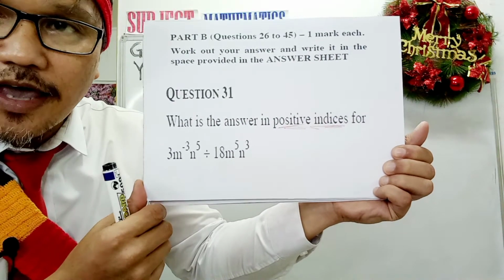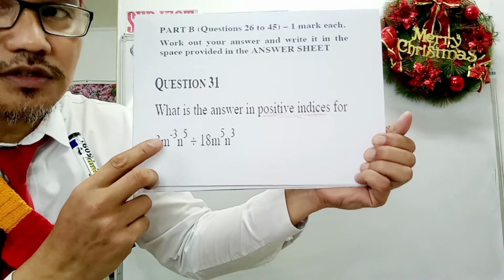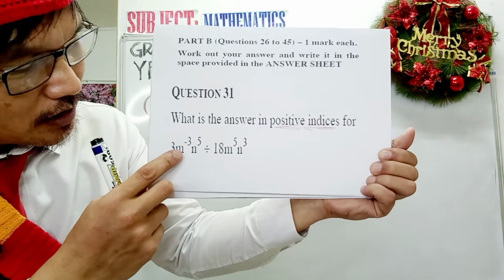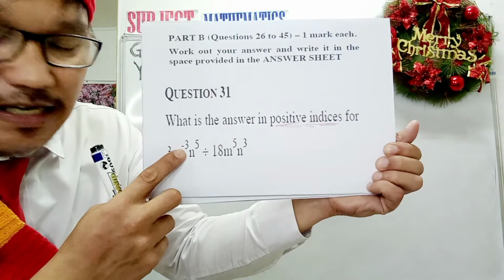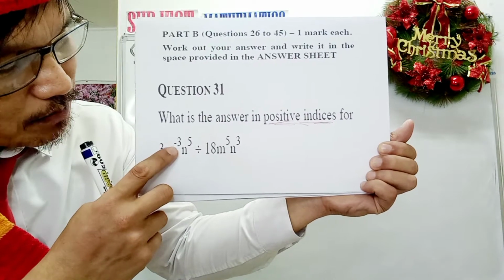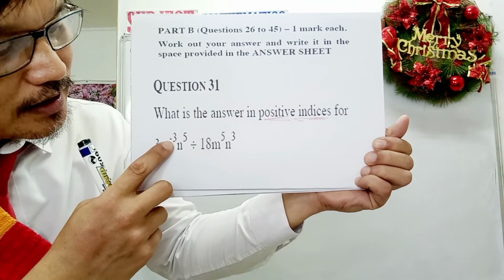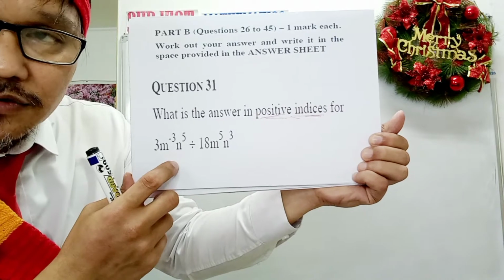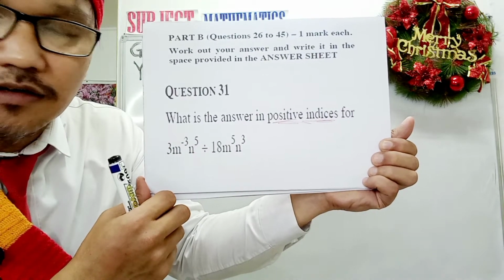Now the technique here is very easy. This one should not take long. It's like a bonus question for this kind of topic. All you need to do with the expression that carries a negative index, which is m to the power of negative 3, is bring it down, and then the negative becomes positive.